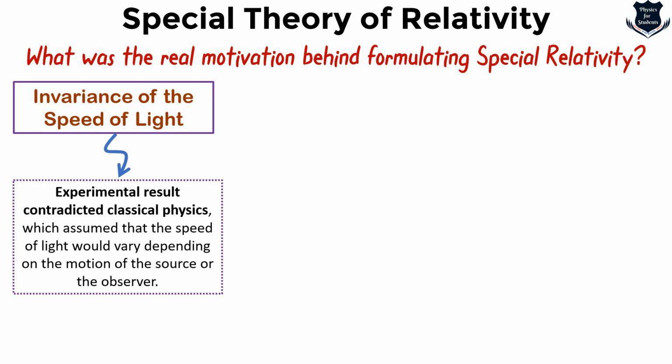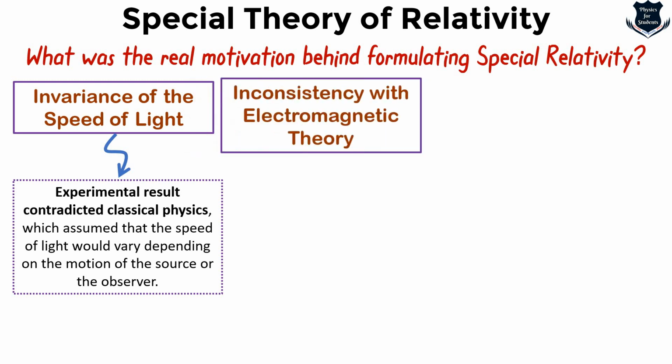So the first one is electromagnetic theory: James Clerk Maxwell's equations described the behavior of electromagnetic waves and suggested the constancy of the speed of light. However, it was not clear how this constancy of the speed of light reconciled with classical mechanics and Galilean relativity. That was very important, and that is the primary and the first reason for formulating special relativity.